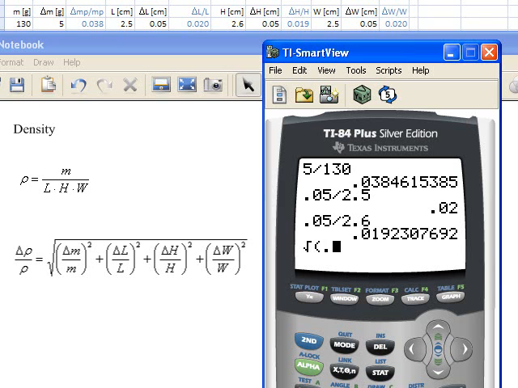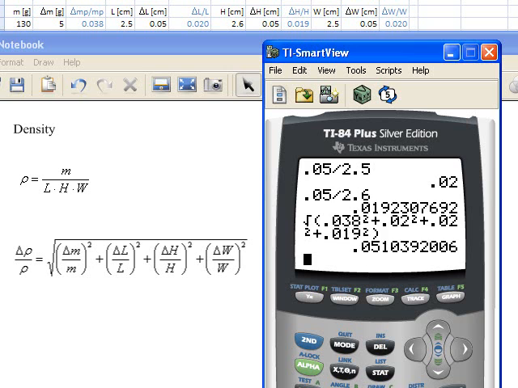It's going to be 0.038 squared plus 0.02 squared, and that appears twice, plus 0.019 squared, close the parentheses, and I come up with 0.051, or 5.1% for the error.